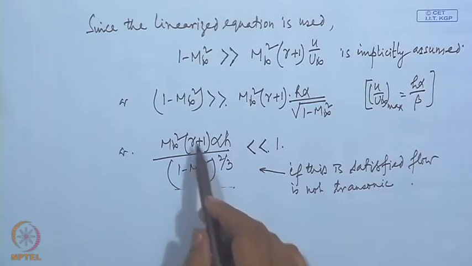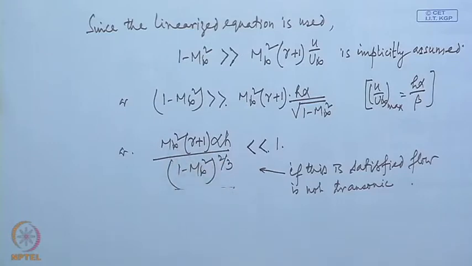So, we see that this particular parameter decides or sets whether the flow is transonic or not.